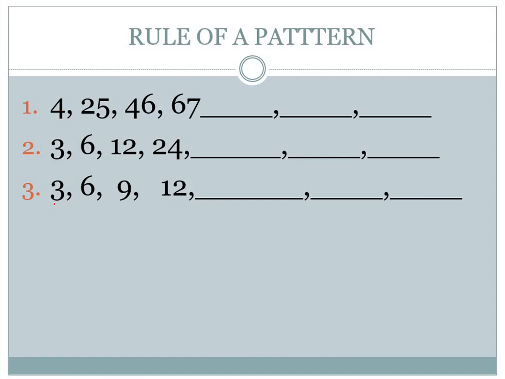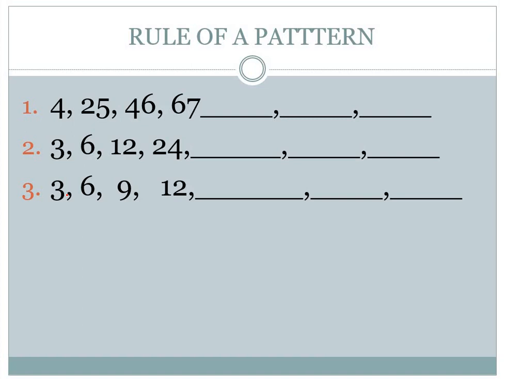Let's see what the rule in 3 would be. 3 gives us 6. 6 gives us 9. 9 gives us 12. If you start with multiplying by 2, you multiply 3 with 2, you get 6. If you multiply 6 with 2, you get 12, not 9. So it means the rule of number 3 is not multiply by 2, but something else.